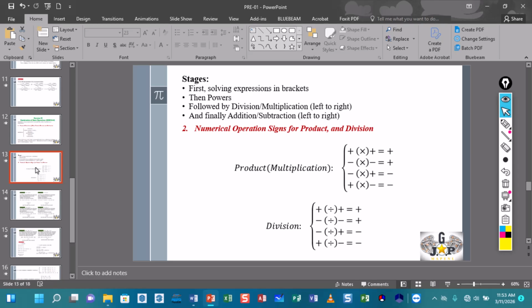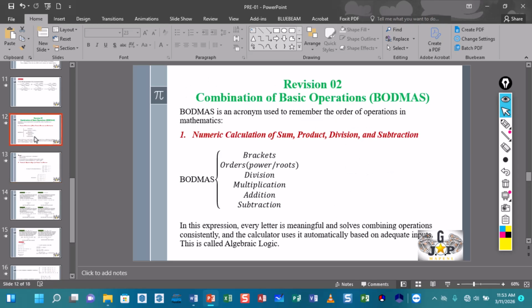So beside the BODMAS, another thing I wanted to touch on, whatever concerns BODMAS again, and I talk about the addition, the division, and the multiplication.